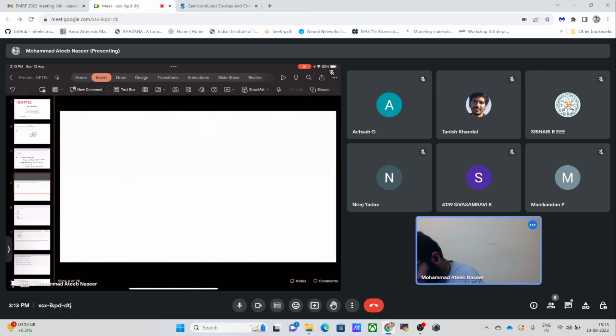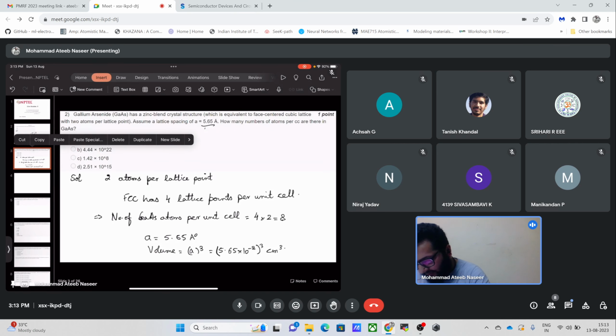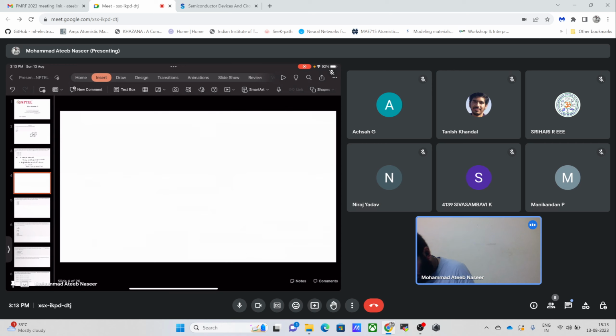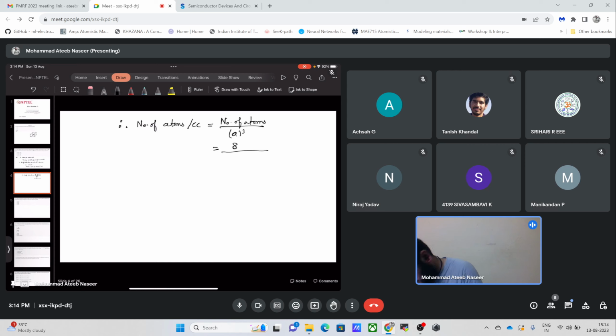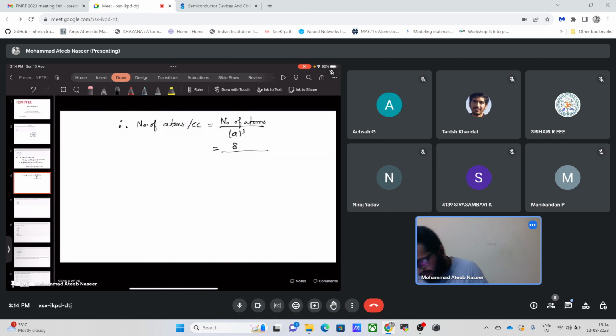Now the number of atoms is 8, and therefore the number of atoms per cubic centimeter will simply be the number of atoms divided by a cubed, which is simply 8 divided by 5.65 into 10 to the power of minus 8, cubed.